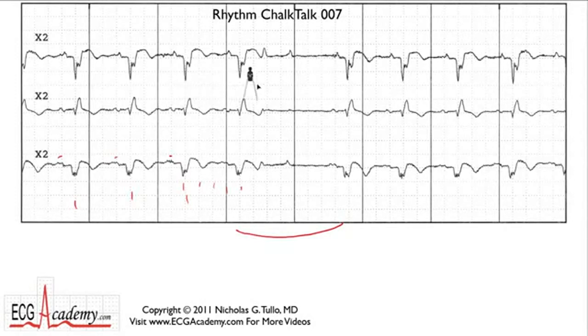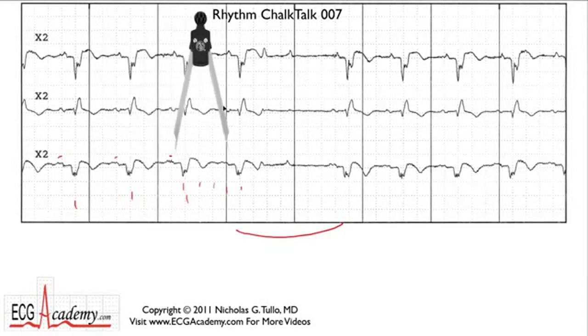And then what happens is, it looks like there's a P wave here that doesn't get conducted. Well, all right, let's explore this a little bit further. We'll take our big calipers, move this up here and see if the R to R intervals are regular.